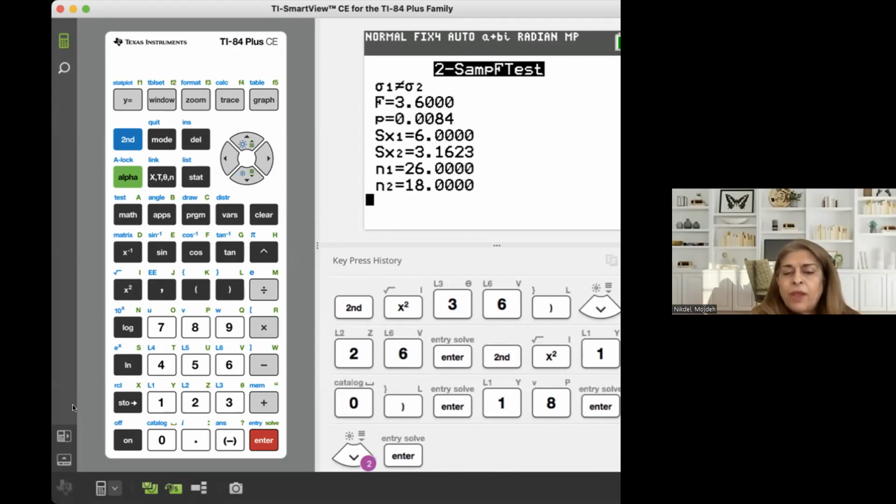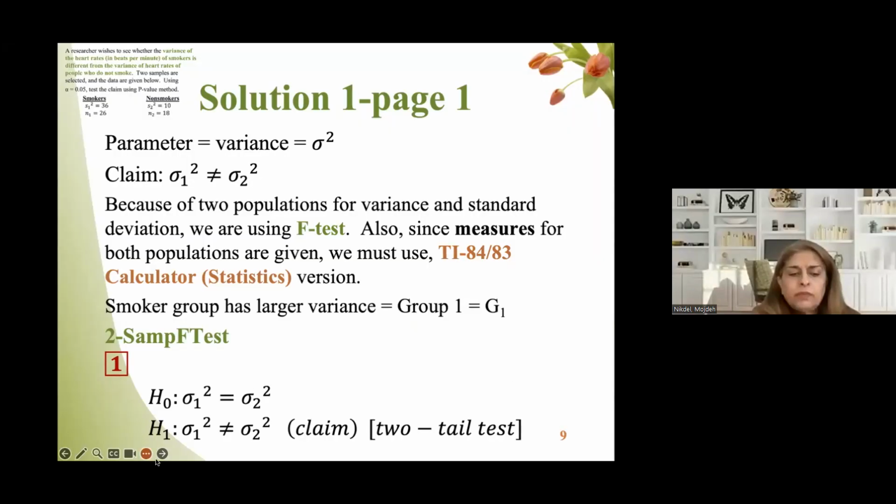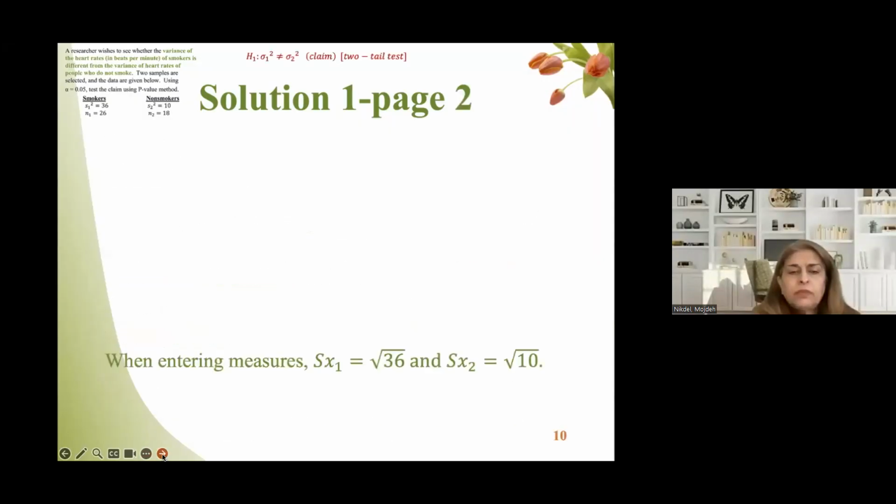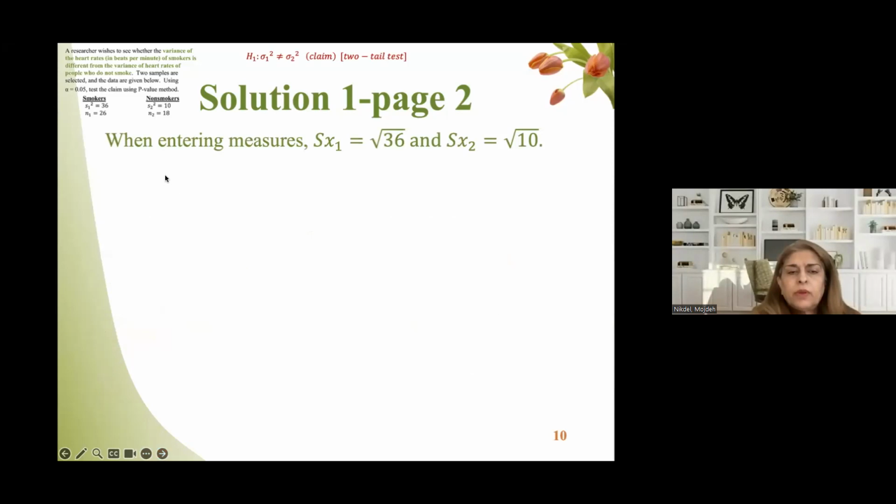Okay. I have copied these numbers into my PowerPoint. When entering S sub x1, you have to take the square root. Test value F was 3.6.